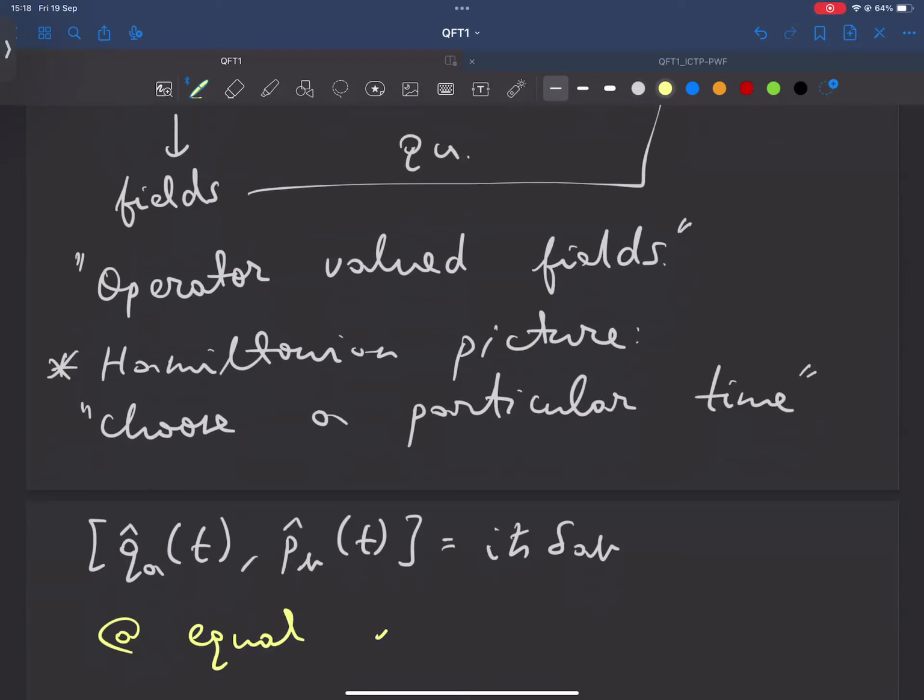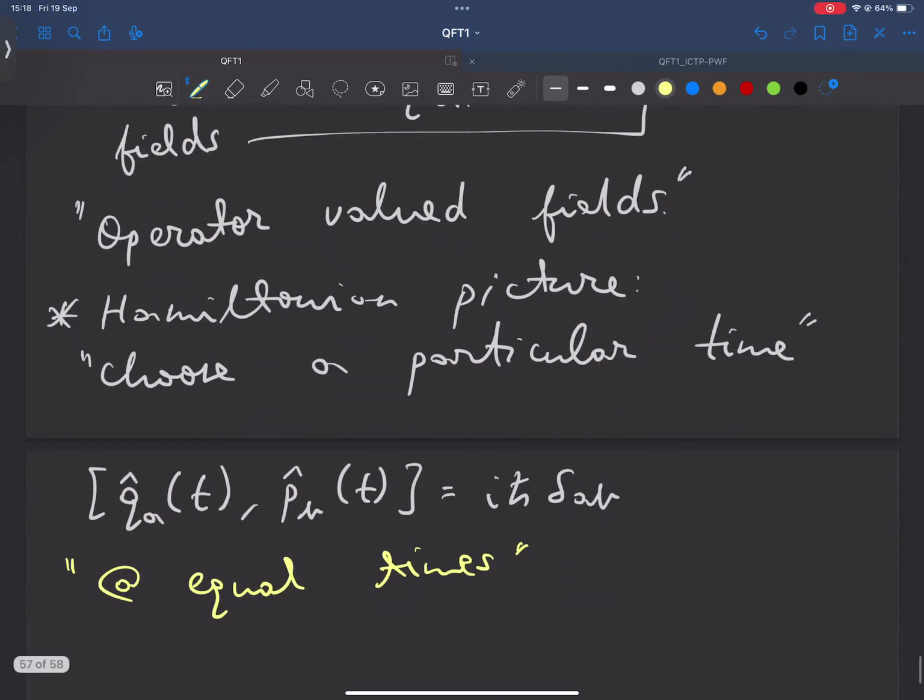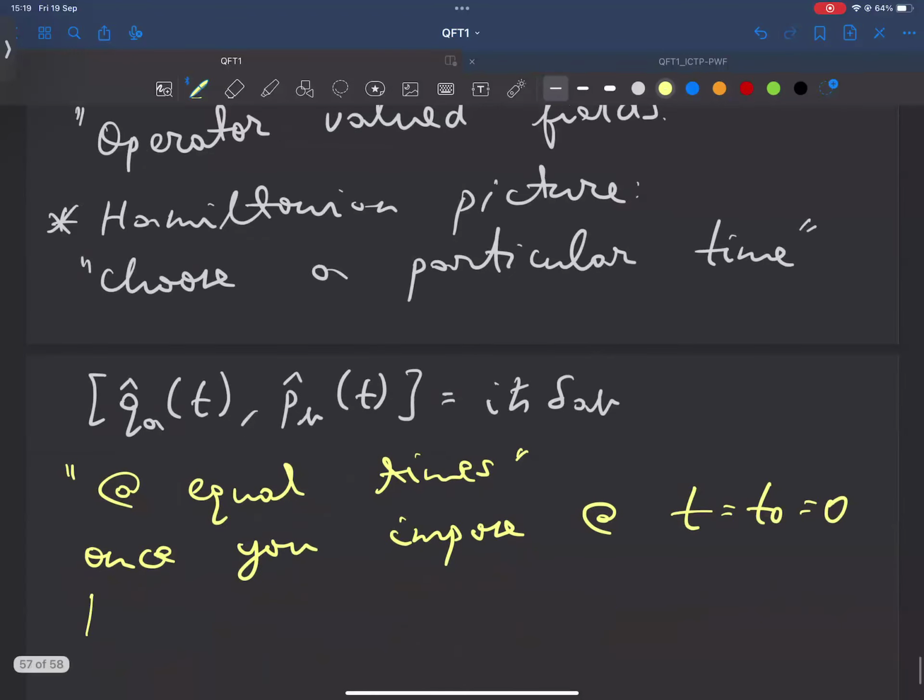Okay. And there will be an exercise for you. So we will impose at equal times, and there will be an exercise that once you impose at let's say some time t equals t0, let's take it to be 0, then they will hold for any arbitrary time.